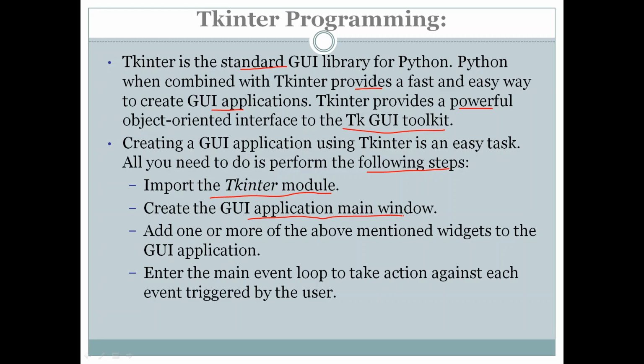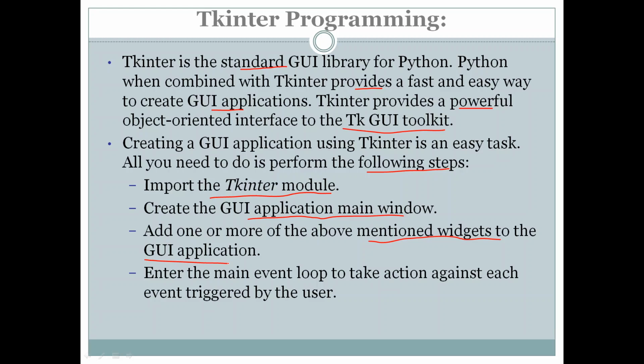Like in the case of Java, where we created the main window, that is JFrame, a top level window, and in the top level window we used to add other components. In the same way in Python, we need to create a main window first, then we can add any number of components. After that, add one or more of the above mentioned widgets to the GUI application.